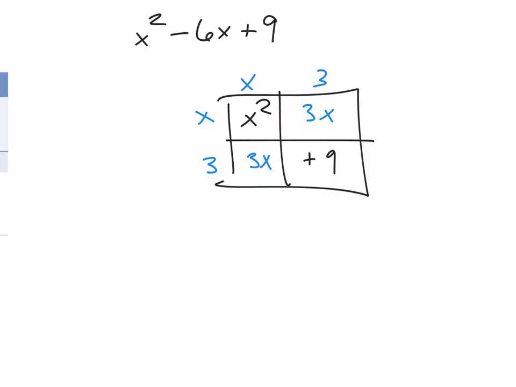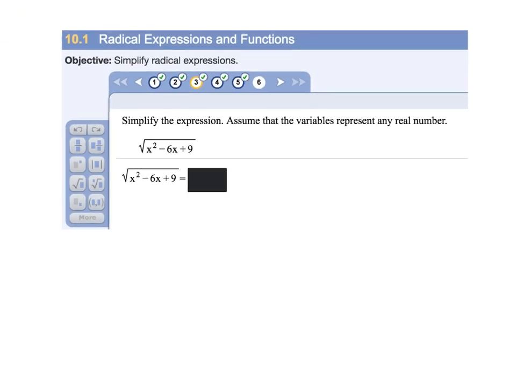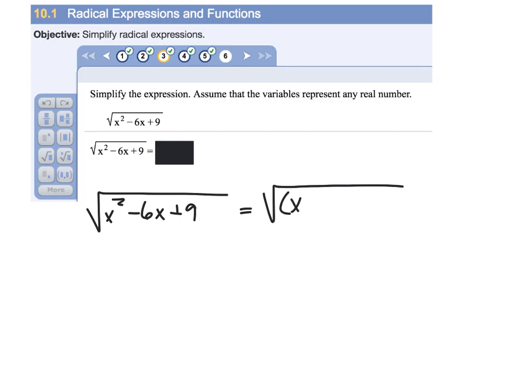We want these to equal negative 6x, which means both of these need to be negatives, which means this is negative 3. So this is really x minus 3 times x minus 3. So the square root of x squared minus 6x plus 9 is equal to the square root of x minus 3 times x minus 3.